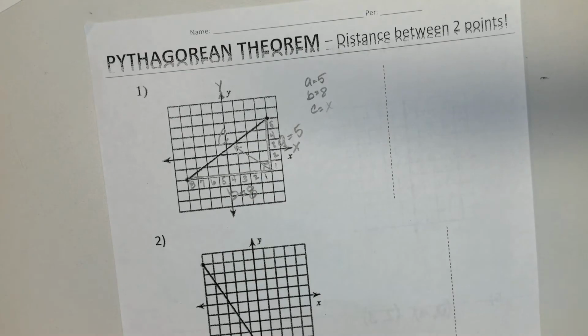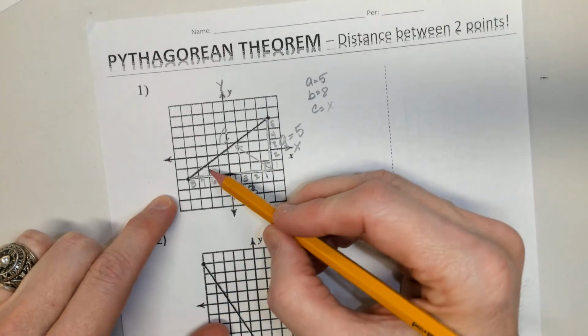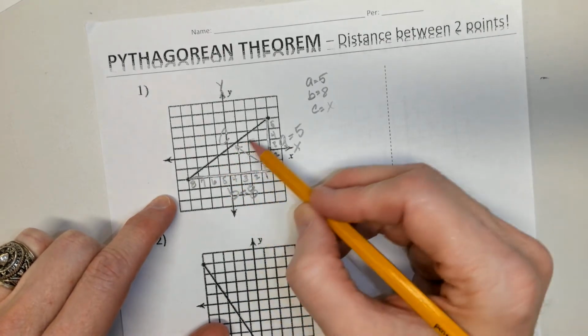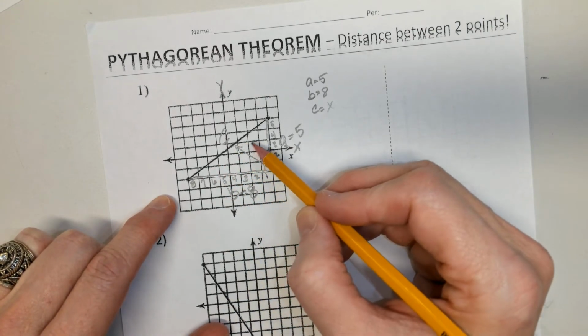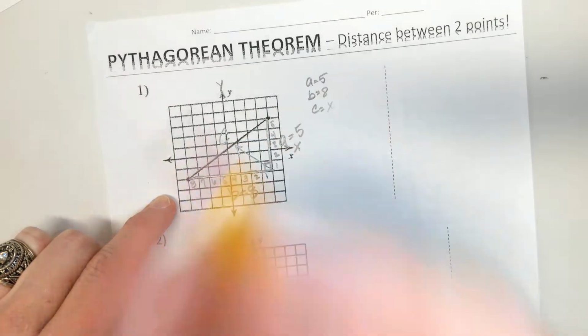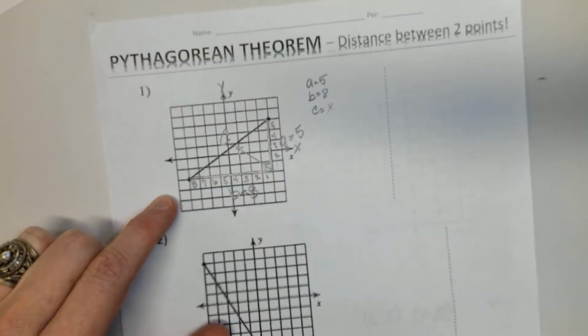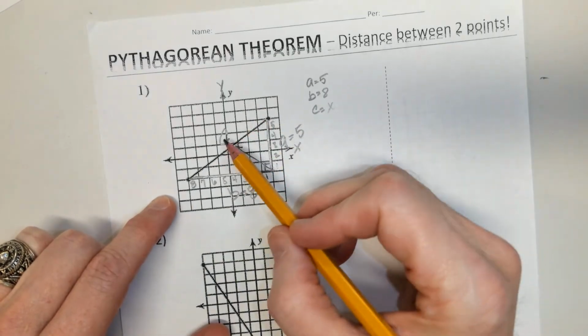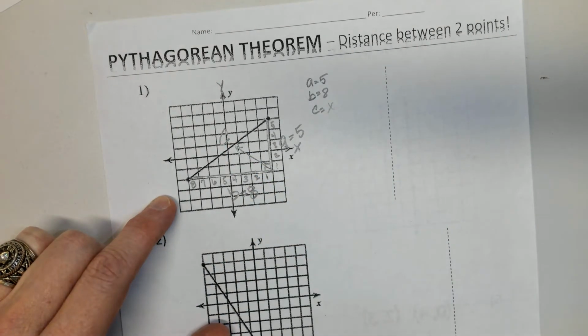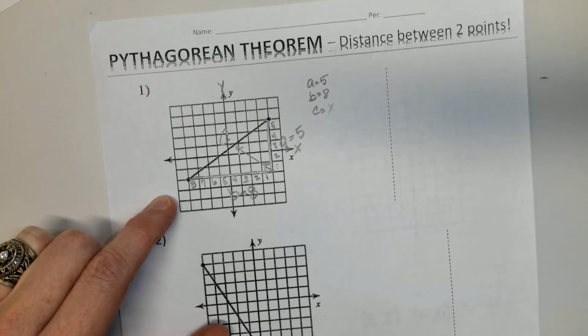Now, just so we're clear, if B is 8, what's a reasonable number for C? 9's a reasonable number, right? It's probably, just so you know, going to be some kind of decimal because it's a diagonal, so it's not perfectly on the boxes. It's going to be some decimal, but a reasonable answer is 9, a little bit more than 8.